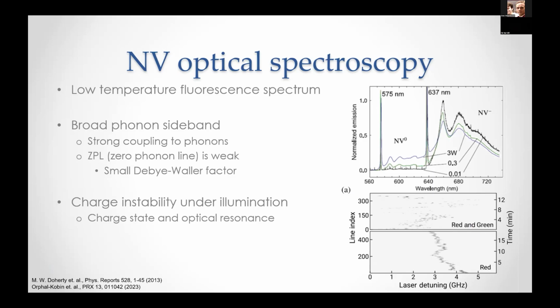Let me just say, weak means it's approximately 3 or 4% of the fluorescence emission when you integrate over the entire sideband. This is a measurement taken from the Doherty review, done at low temperature.